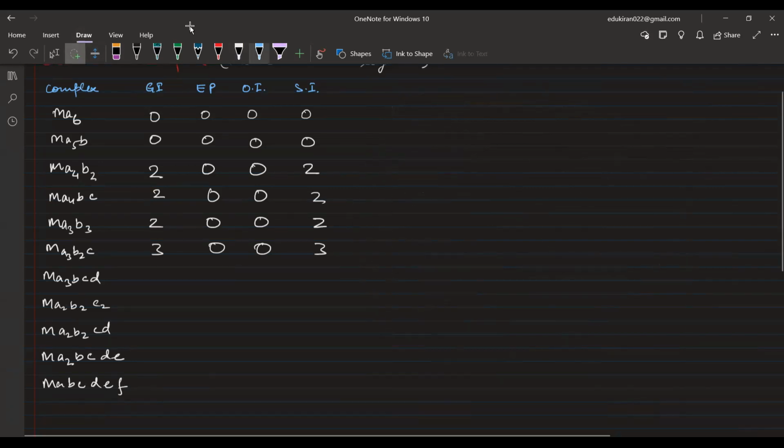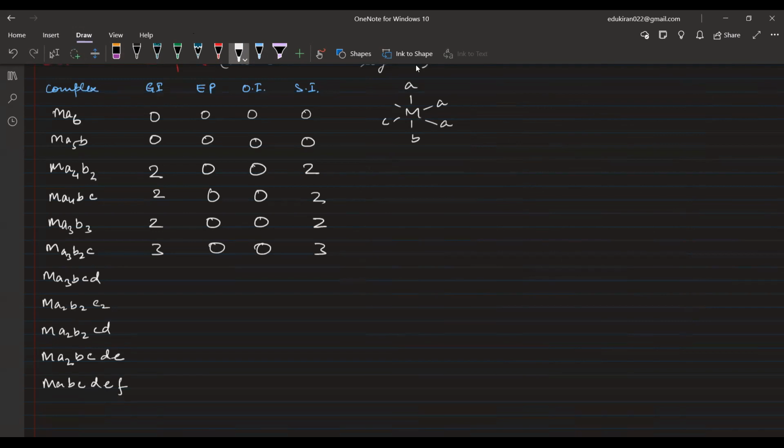Some of you people were not present on Friday, so I'm telling you what we are doing right now. For example, if I have M, and in octahedral complexes, I have A3BCD, A, B, C, and D. Now, please listen very carefully. In this particular structure, you just have to look at the ligands which are 180 to each other.